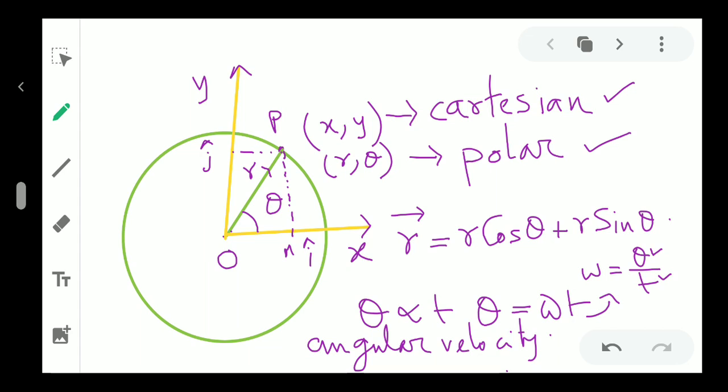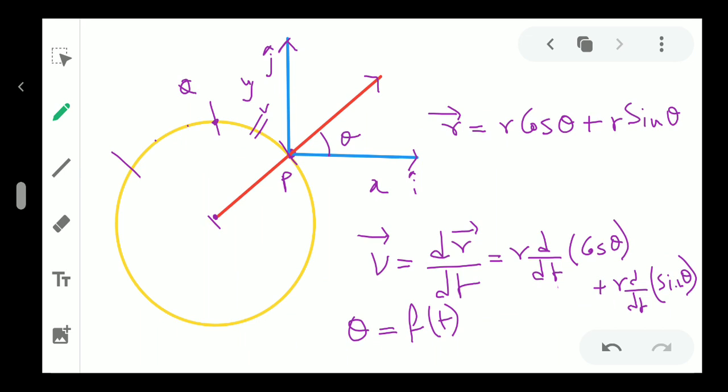So per unit time, whatever theta is covered is my angular velocity. And what is linear velocity? The distance covered in unit time. So you see there are two different things in classical mechanics. One is the linear portion, for the linear distance that you can measure with a scale. And the other is angular distance and angular velocity, when something is revolving around a circle or something like that.